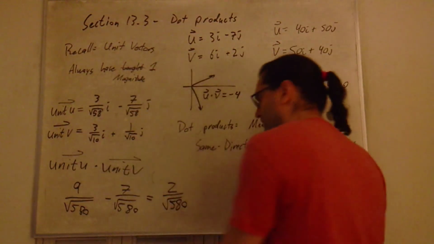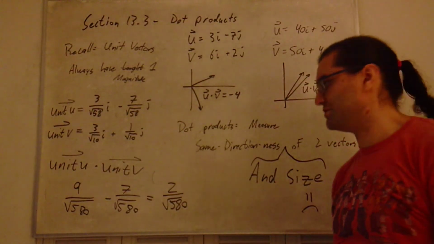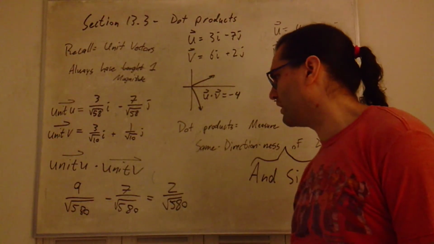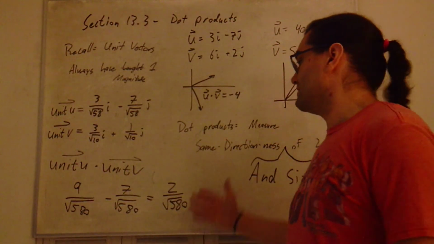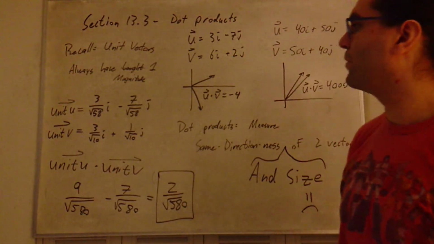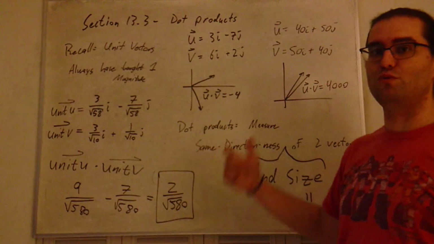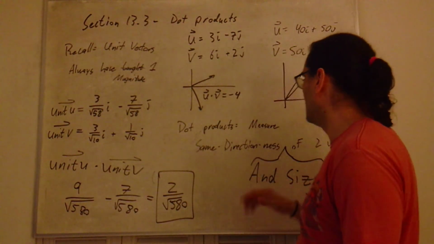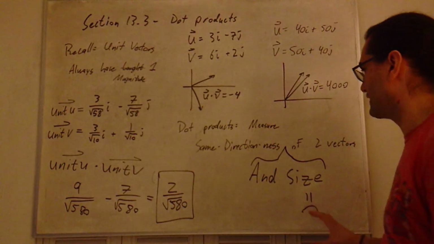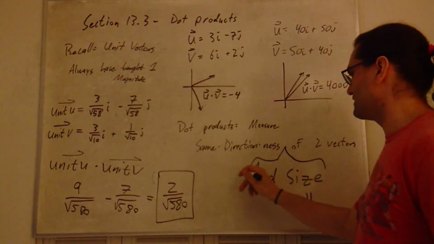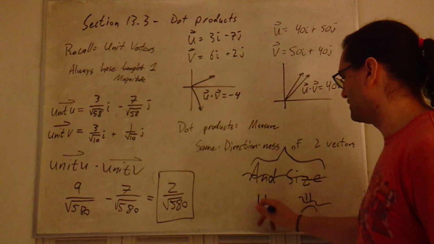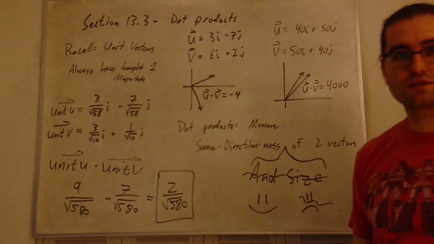I don't know what the square root of 580 is, but you could find out if you were ambitious and had a calculator. It's probably about 23, maybe 22. In any case, if you take the dot product of two unit vectors, you get a measure of the same directionness of those two vectors without any consideration of the size, which is what we want out of a dot product.